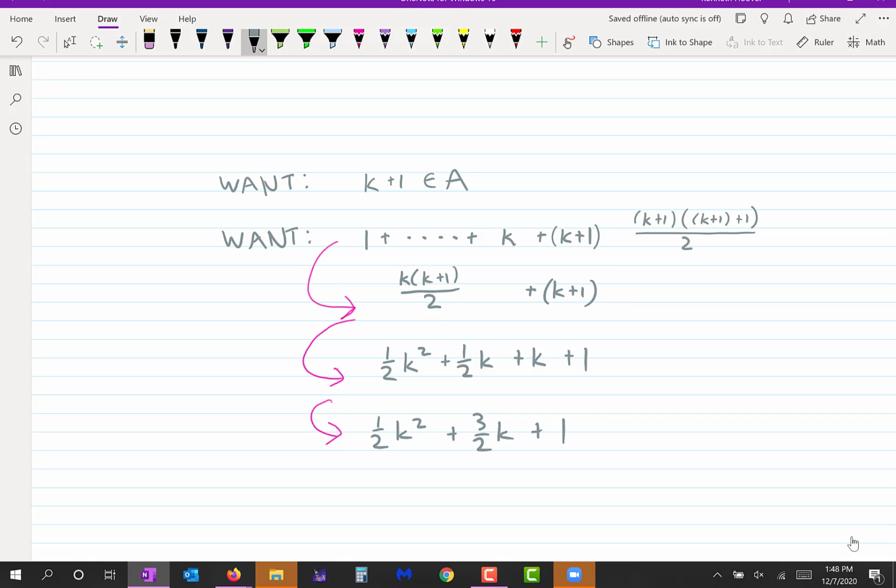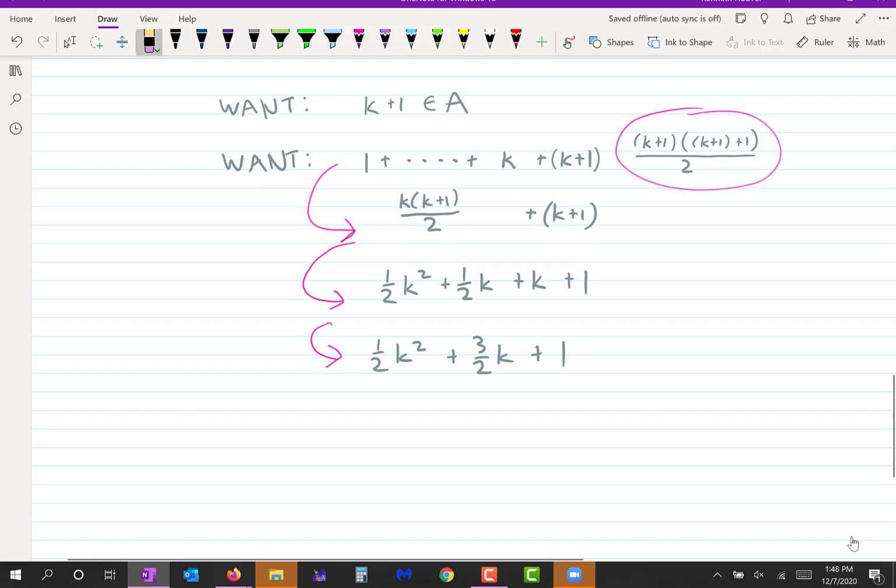Now don't forget, here's our goal. We're just trying to bridge the gap from here to here. And each time I go down one line, I'm bridging the gap closer. But always remember, this is our goal. So what do you notice about our goal? It's something over 2, right?